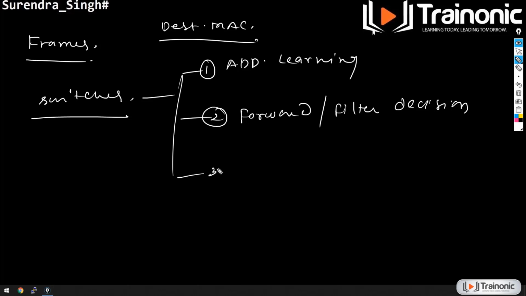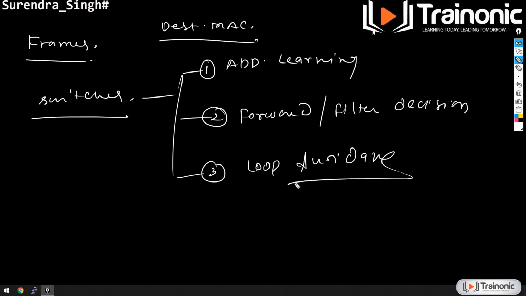The third function of the switch is loop avoidance. So these are the three functions that a switch is going to perform. It doesn't matter what type, category, or model of switch it is; generally a switch will perform these three functions.